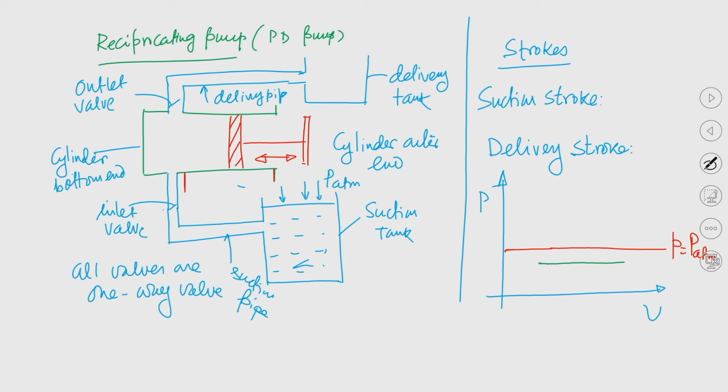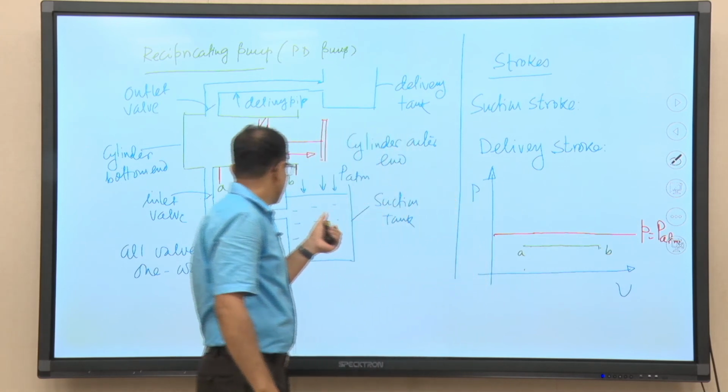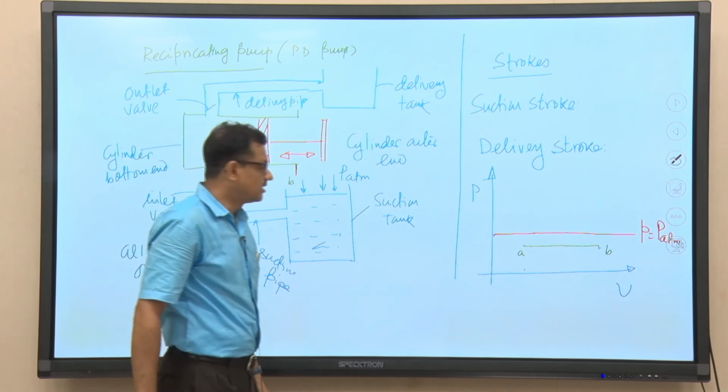Say this is the stroke length. The cylinder's suction stroke begins from point A and ends at point B. During the suction stroke, from point A up to point B, the pressure inside the cylinder will be less than the atmospheric pressure, and that is why liquid moves from the suction tank into the cylinder.